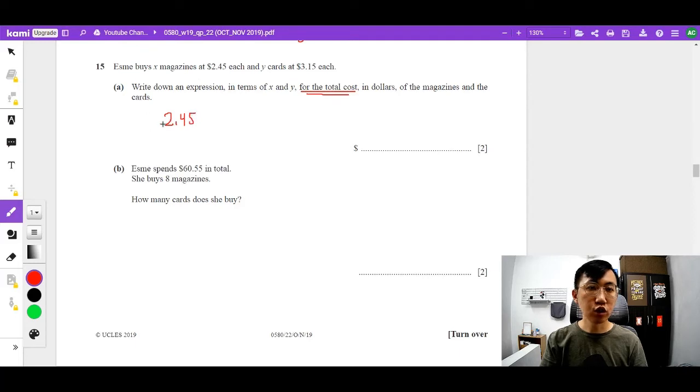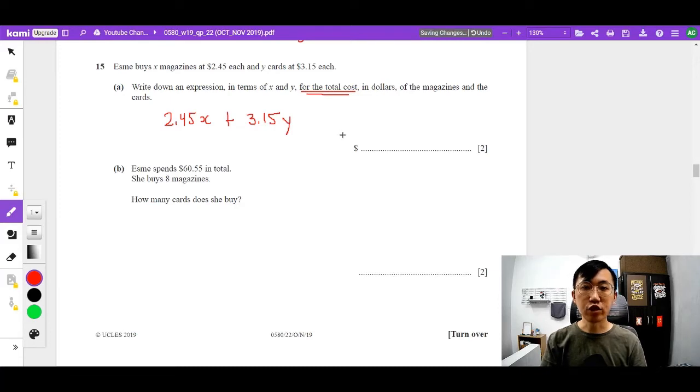No need to show the dollar sign, because for an expression you ignore the unit. Multiply with X, the number of magazines, which I do not know. Plus, because it's total cost. Now 3.15 is the price of cards, but we do not know how many cards, so multiply with Y.